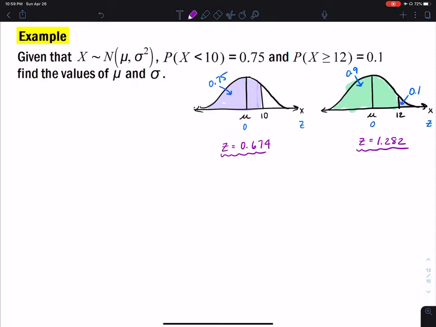Now, always, always, always in algebra, when you guys are given 2 different variables to solve for, we have to find mu and sigma. We're probably going to need 2 equations, okay? So if I use my z-score formula, I'm going to plug that in here.